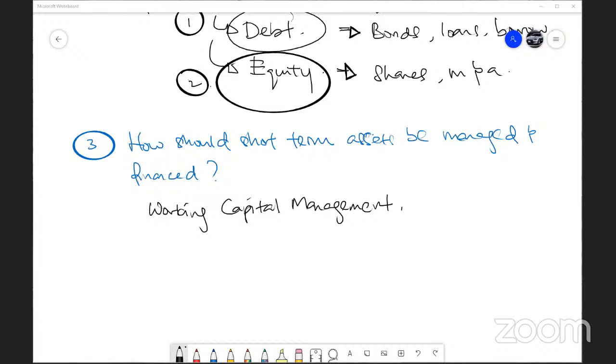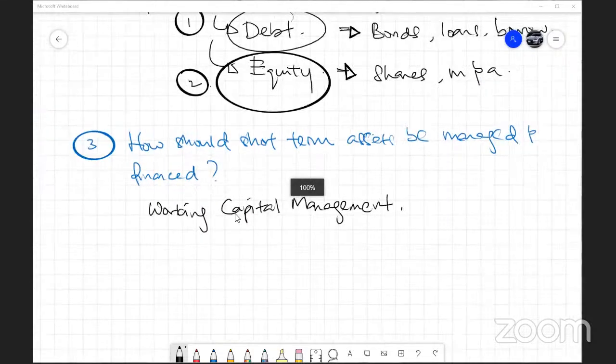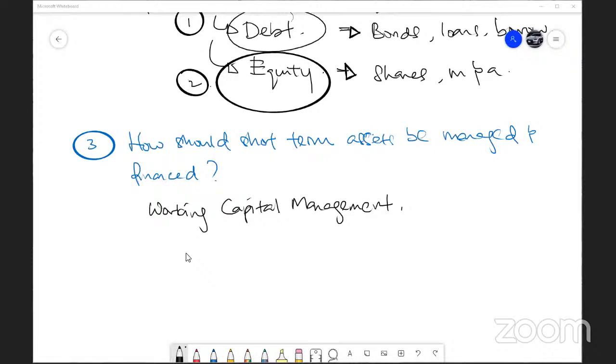Number one, capital budgeting, or the investment decision of the firm. Number two, how are they going to get the funds? That's the financing decision, whether debt or equity. And lastly, how are they going to control their day-to-day expenditures with working capital management?